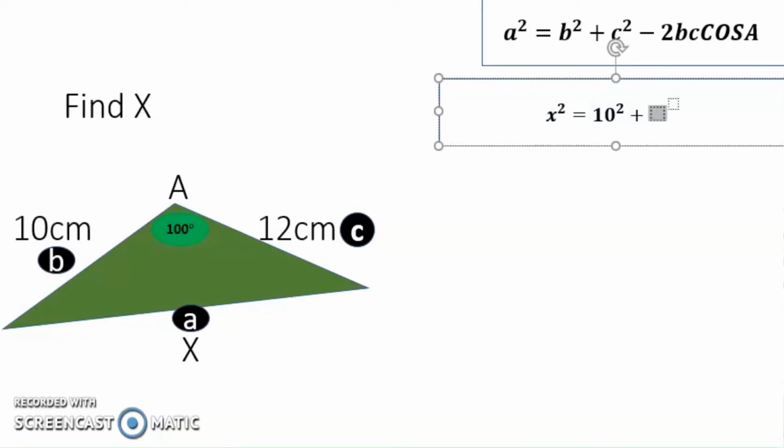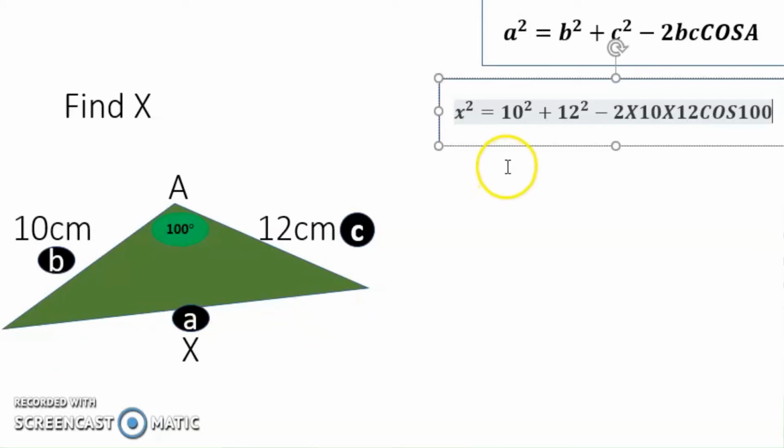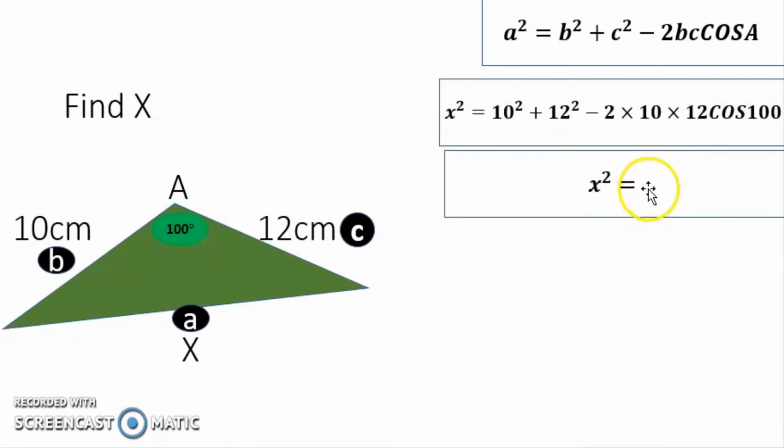Our C is 12 centimeters, it becomes 12 squared, minus 2 times 10 times 12 cos A, and our A is 100 degrees, so we replace A with 100 degrees. Now, after doing this, we are going to simplify the problem. We have 10 squared to be 100.